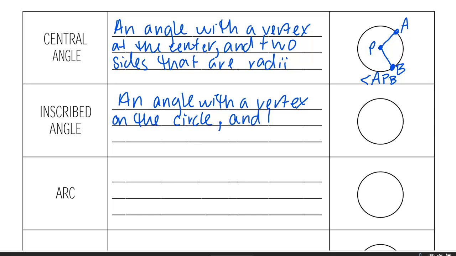And then 2 sides are chords. Remember, chords don't run through the center. So we have A, C, and B. An inscribed angle would be 2 chords, and it has a vertex that's C. It's on that circle. And this would be angle ACB.